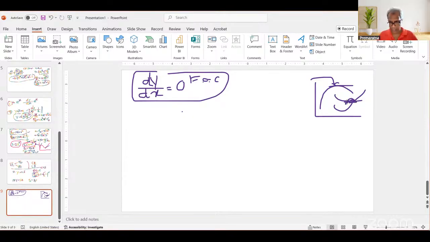For instance, let's say you have an equation like that, y equals 3x power 2 plus, let's say, 18x.